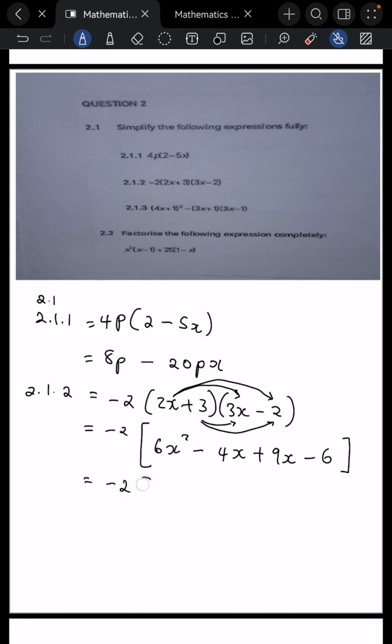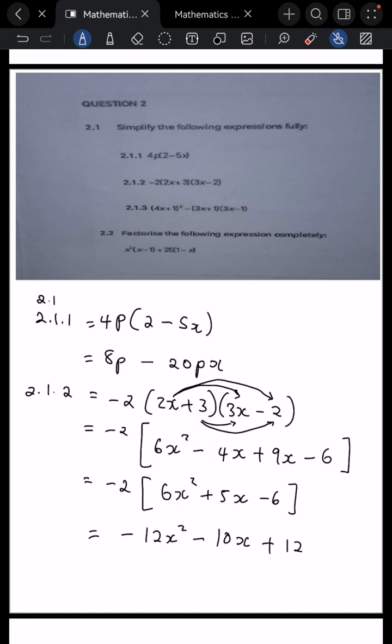All of this is multiplied by this. 6x squared, negative 4 plus positive 9 is positive 5x minus 6. Everything multiplied by everything. This times that is going to be minus 12x squared. This times that, minus 10x. This times that is a positive 12.